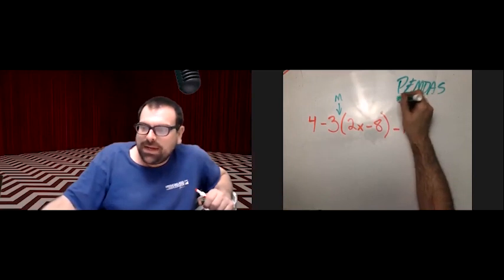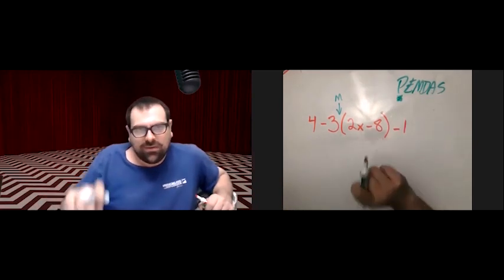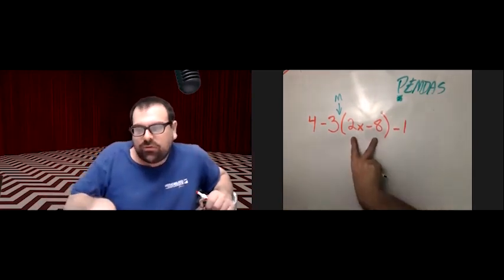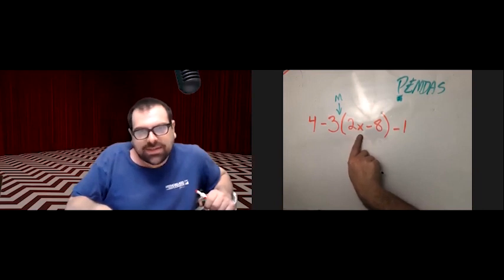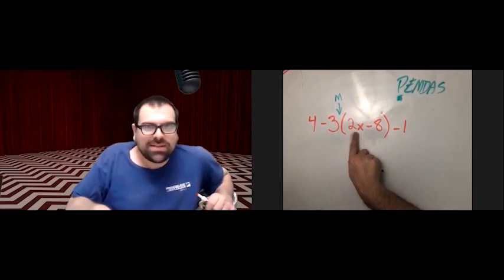What this P means is work inside of the parentheses. And if we look inside the parentheses, we have 2 times x. And if 2 times x were a number, we would do that first. But we can't simplify 2 times x any more than it already is.